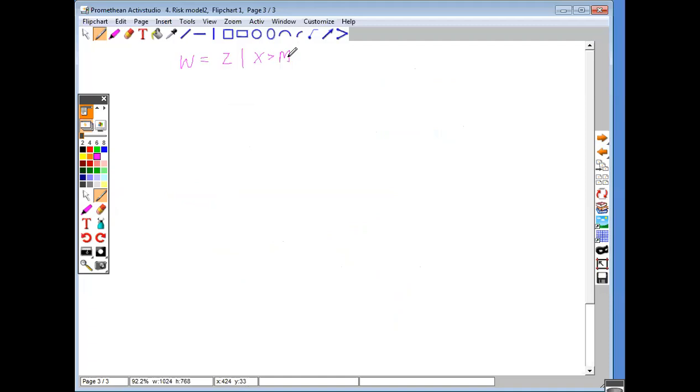Now I will define another random variable, SW, which would be a summation of W's. So it would be W1 plus W2 up until, what should be my subscript here? Anyone? Will it be N?